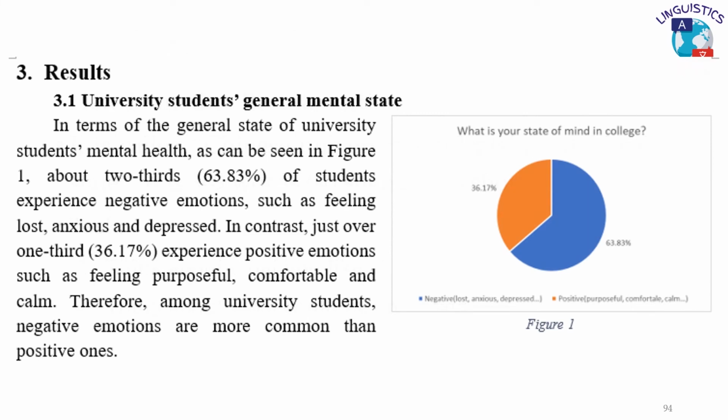Section 3. Results. Section 3.1. University students' general mental state. In terms of the general state of university students' mental health, as can be seen in Figure 1, about 2/3, 63.83%, of students experience negative emotions, such as feeling lost, anxious, and depressed.